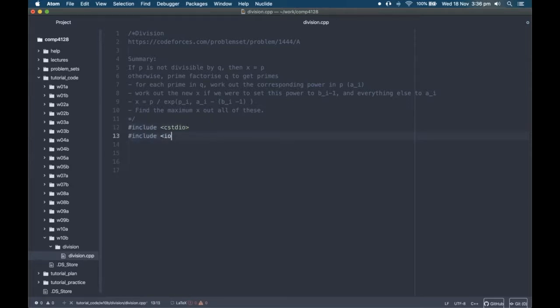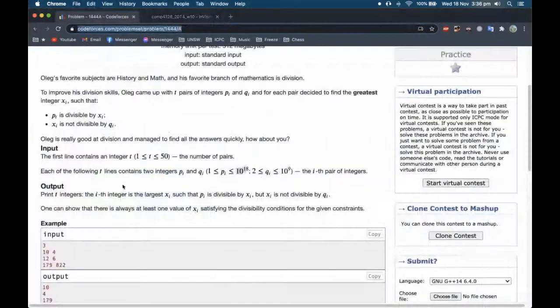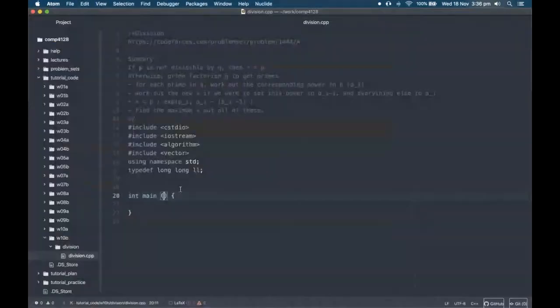Let's start by including our headers here. In this particular problem, you scan in an integer t followed by t pairs.